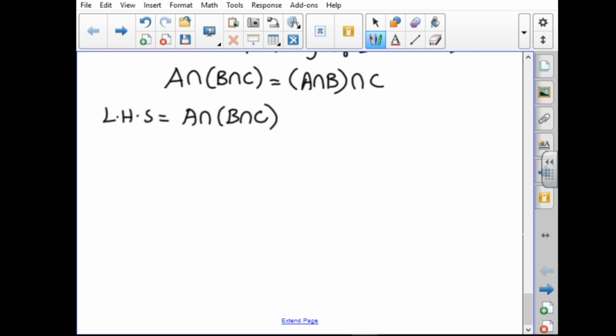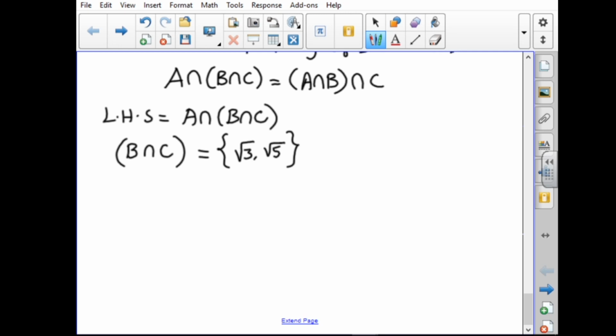In this, first we should find the value of B intersection C. Intersection means the common elements of the sets B and C. So what are the common elements of B and C? Root 3 and root 5 are the common elements of B and C.